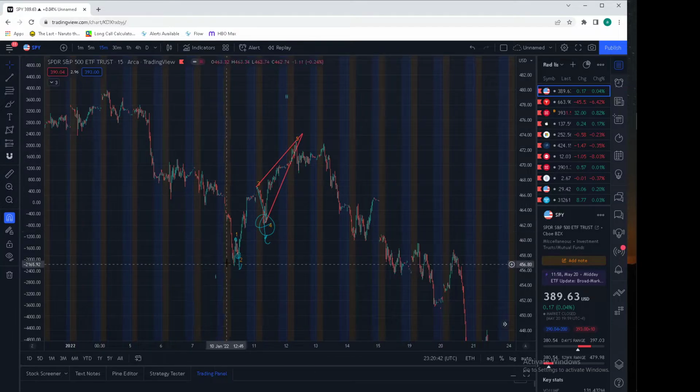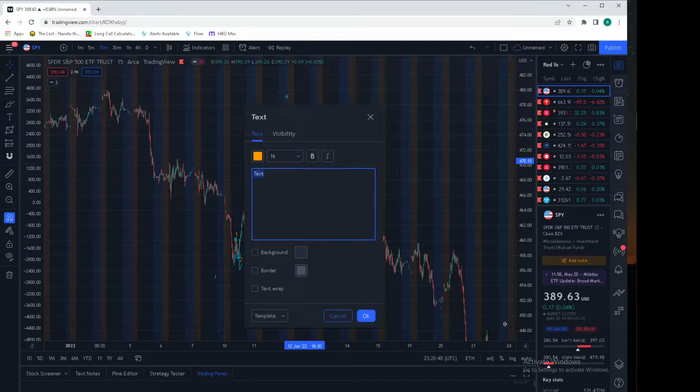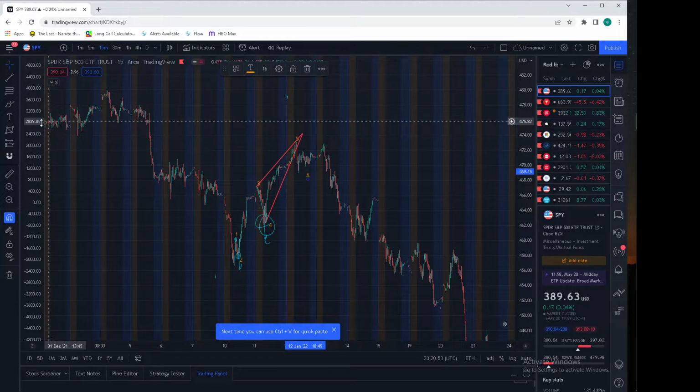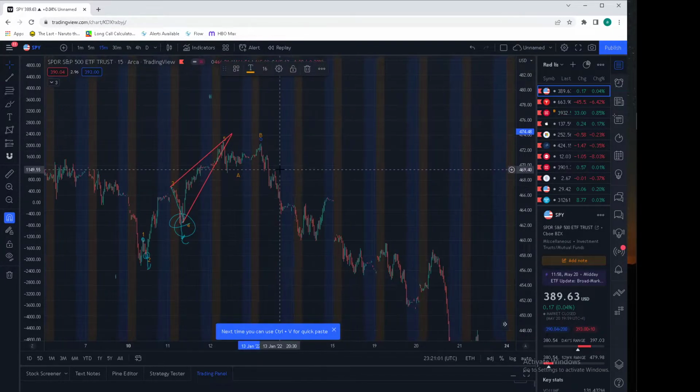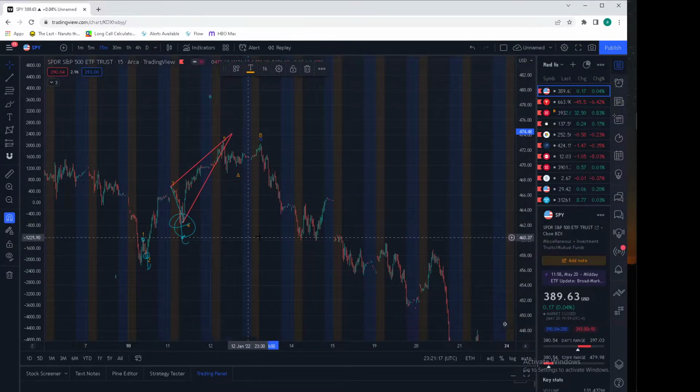So what does that look like here? We have our 1, 2, 3, 4, 5 impulse wave. Now we'll draw out our ABC, right? It's a little bit sloppy looking, but it's still an ABC. How do you find the top of that B wave? I find the B wave the easiest to map out, because once you find the bottom, you know exactly where the top is going to be.